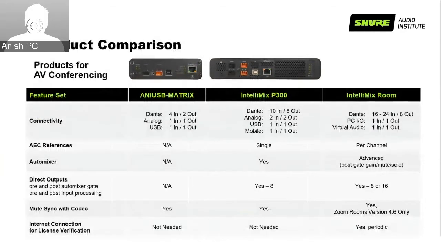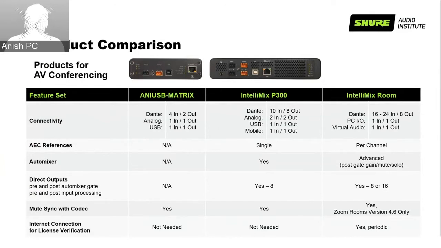Now let's look at the feature sets of the ANI USB matrix and the IntelliMix P300. In terms of connectivity, the ANI USB matrix has 4 Dante inputs and 2 outputs, 1 analog input and output, and 1 USB input and output. The IntelliMix P300 has 10 Dante inputs and 8 outputs, 2 analog inputs and outputs, 1 USB input and output, and 1 input and output for mobile device connectivity.